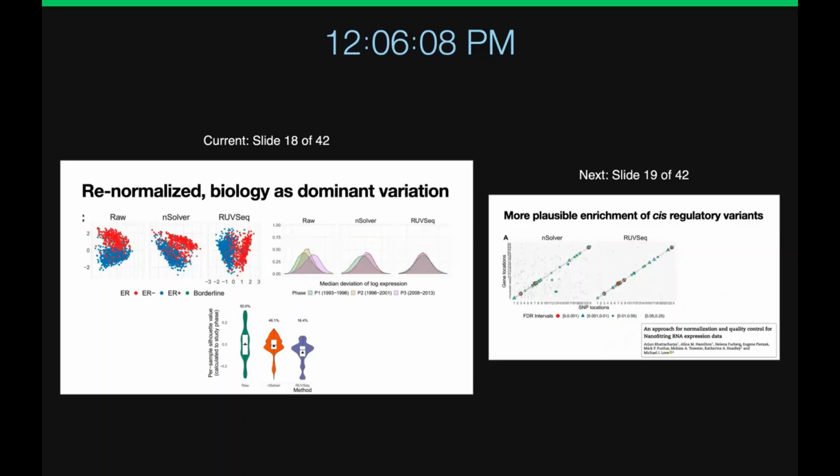You can do many of these plots, and we have a bunch of examples in our paper. There are other examples in the RUV paper, plots that you should use if you have multi-phase data sets, or even any data set that has like 100 samples, or any data set ever. Please look at the data and make these kinds of systematic plots, box plots, PCA plots, because otherwise you're just going to get junk.